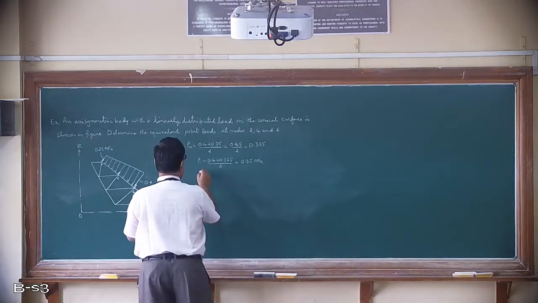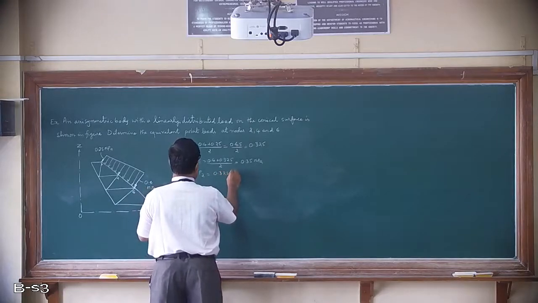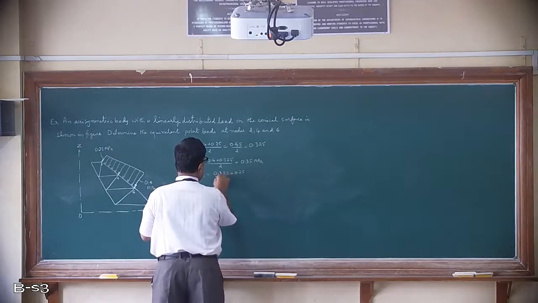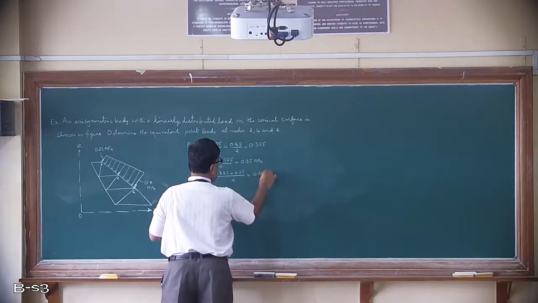And similarly, if you take P2, 0.325 plus 0.25 upon 2 will give you approximately 0.29 megapascal.